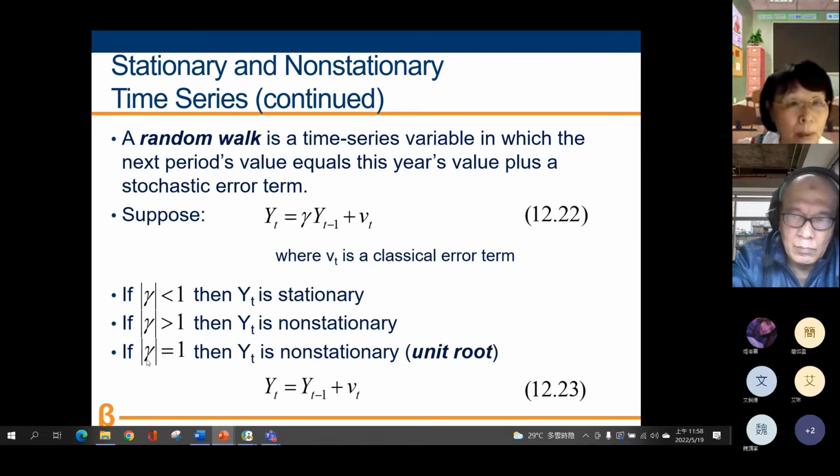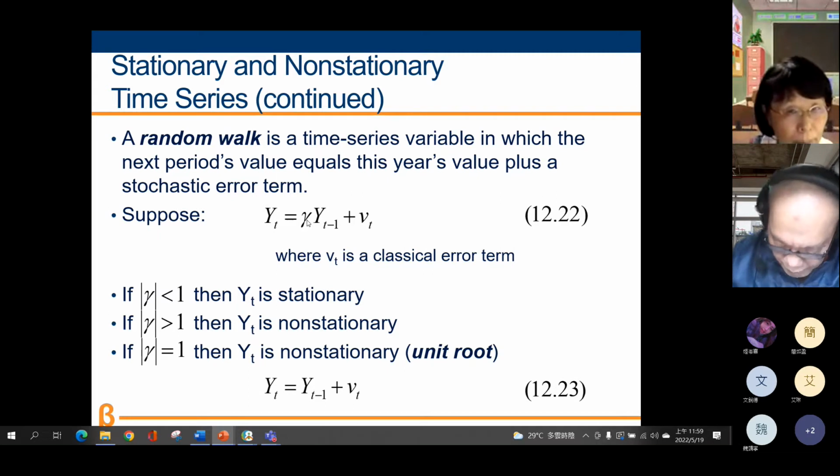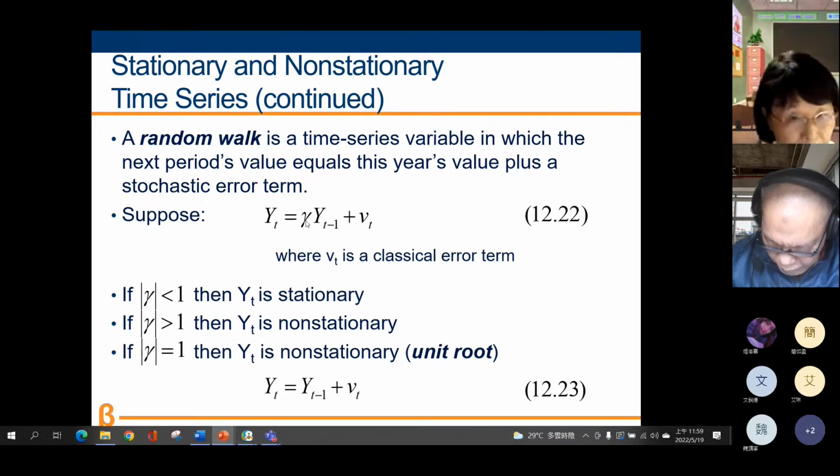And there's one case, which is the absolute value of gamma equal to 1. In other words, gamma equals +1 or -1. It means that the current value of y is the same as the previous one, or the same as the previous one but with the opposite sign.